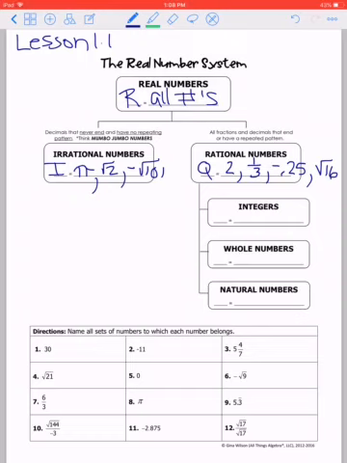Now, within rationals, we can break that up into 3 other little subcategories coming off of rational numbers. So you have integers. That's everyone's favorite. That's your positive and negative numbers and 0. Okay, integers, we use the letter Z because we already used an I for irrational. So integers are Z. And then these can go in either direction, but I just want to show you.